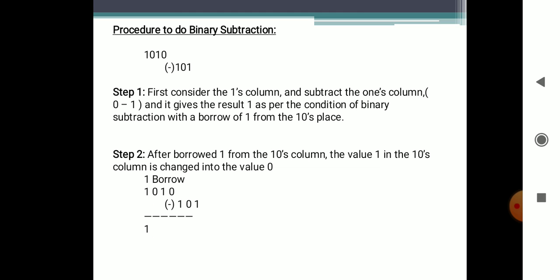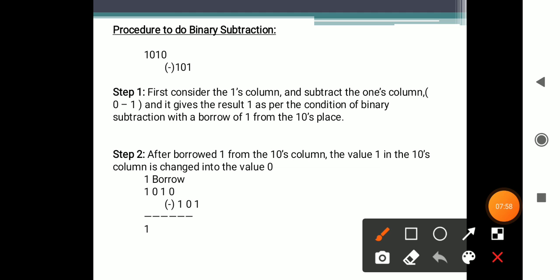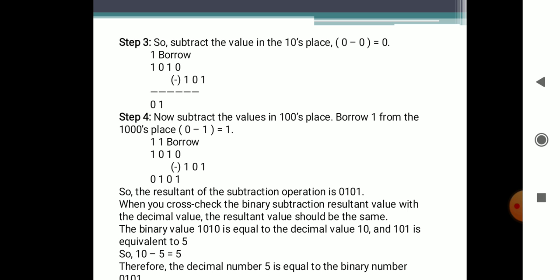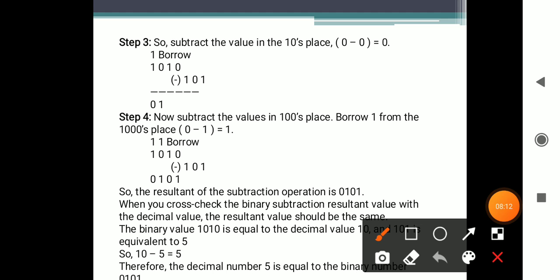So in the next tens column, the value is changed to 0 instead of 1. So going on to the third step, subtract the value in the tens place. In the tens place, as I have said earlier, now the tens place has changed to 0.